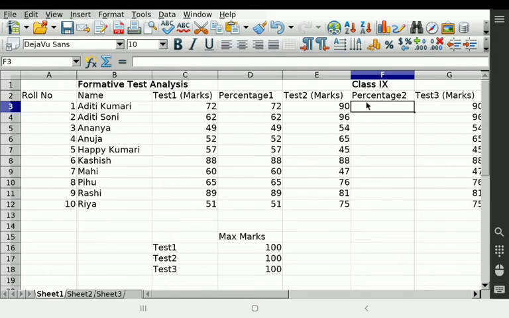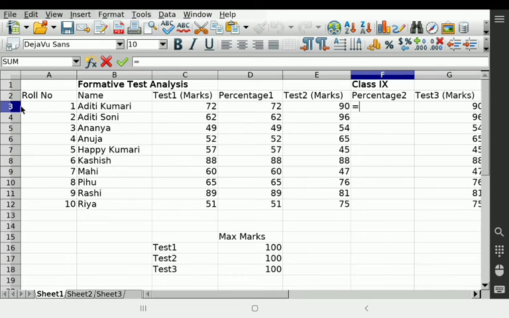Like this, you can calculate percentage for test 2 also. I am writing this formula. You can see equal to sign, cell reference for this 90 obtained by Aditi Kumari. This is E3.